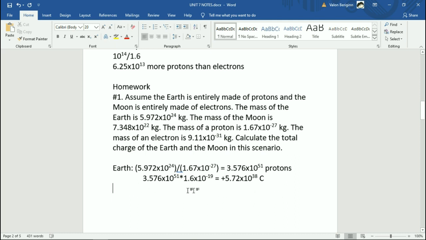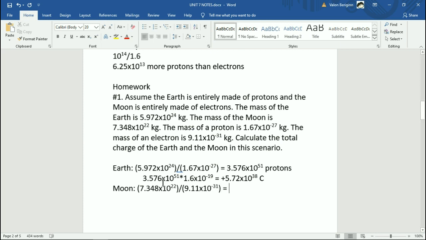So, okay. Then, same thing, but now with the Moon. So now we have the mass of the Moon, which is 7.348 times 10 to the 22, divided by now the mass of an electron, so 9.11 times 10 to the negative 31.